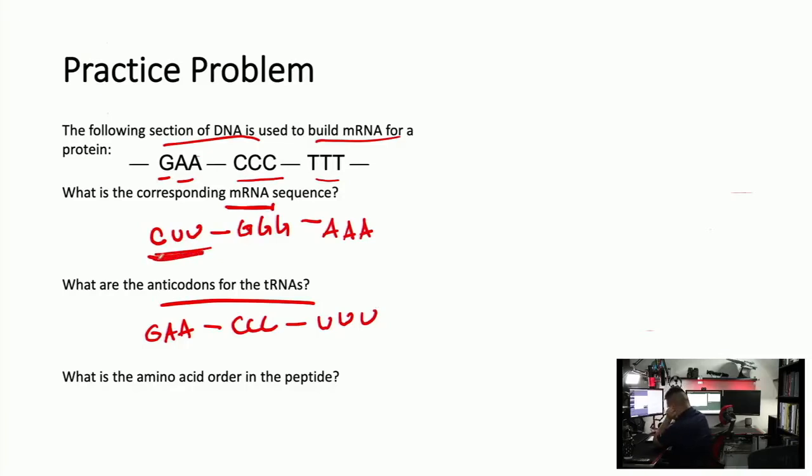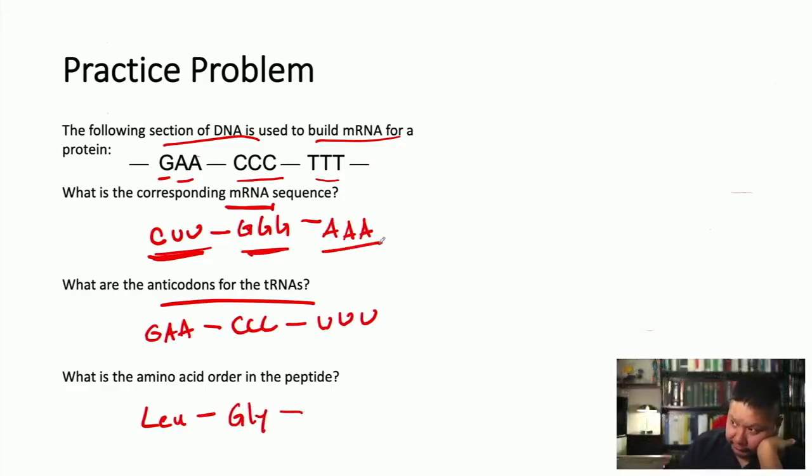And so CUU in the codon chart actually is leucine. And then GGG in the codon chart is glycine. And then AAA translates into lysine. Not leucine, but lysine. So that's one of the mistakes people make.